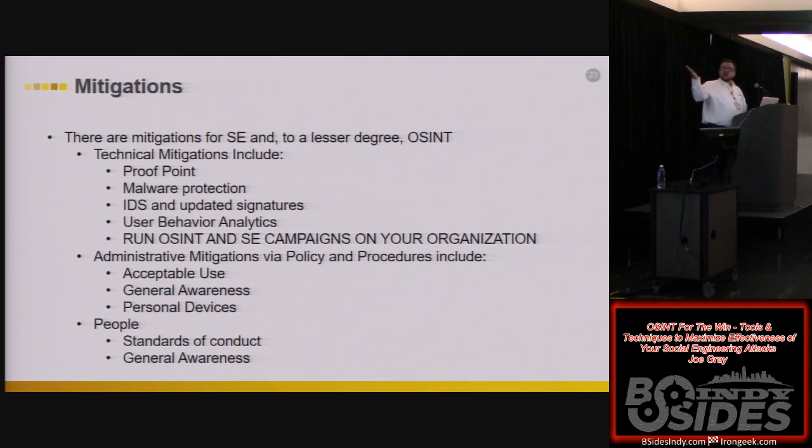But in all caps, having open source intelligence and social engineering campaigns against your employees, that is the most ideal mitigation. And I'm not a sales guy for Sword and Shield. You don't have to do it through Sword and Shield. You could do it through TrustedSec, Black Hills, anybody. It doesn't matter who.